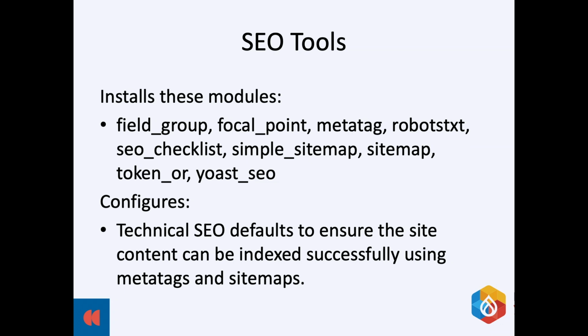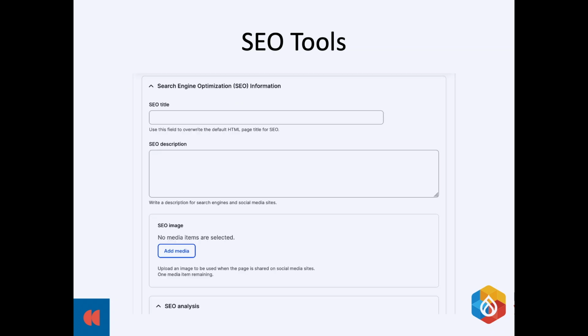It'll give you wee tips. And this basically sets up all this stuff to help content editors make sure that their content is findable and will be indexed nicely. So this is what the added bit looks like, and you can see the SEO analysis when you've filled all this stuff in.